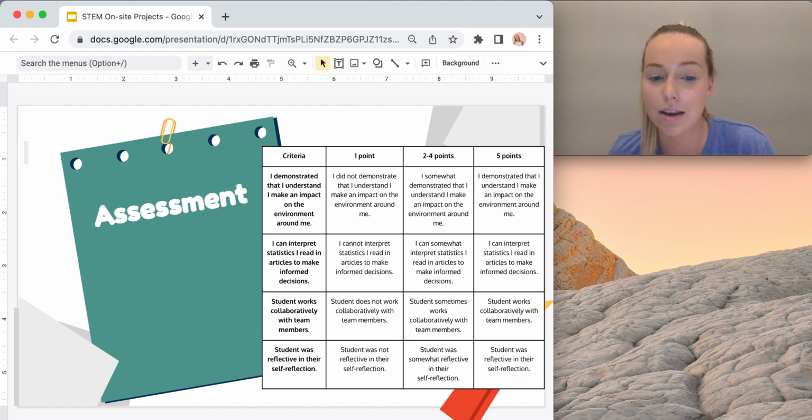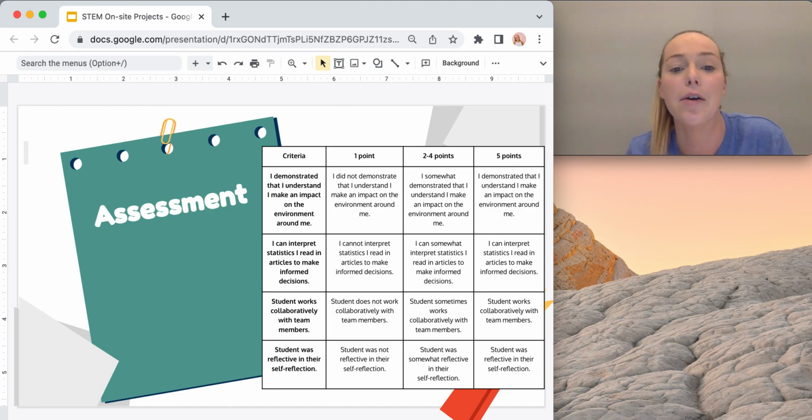A lot of our statistics work came from things along the way, so being able to see them as a whole and how they did mathematically in their growth of their understanding of statistics, and then how students work collaboratively with team members was taken into account, and then how reflective they were on that self-reflection was taken into account.